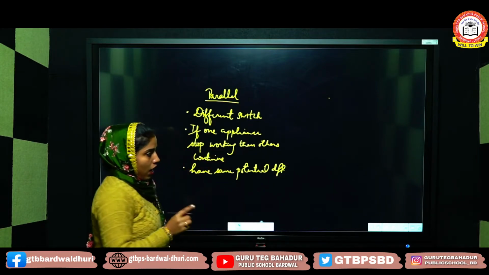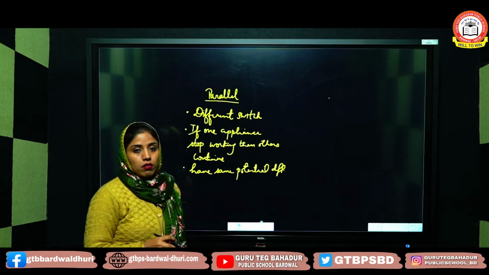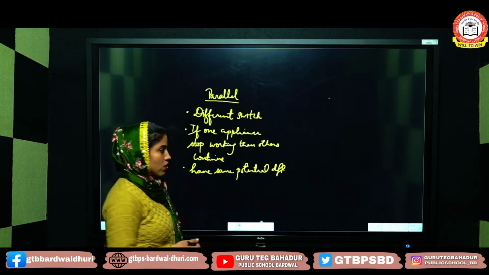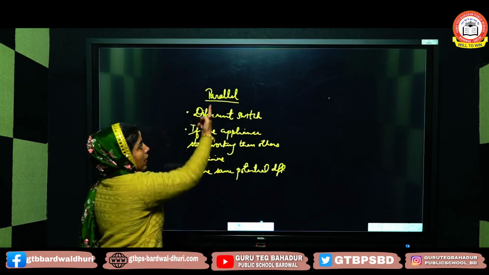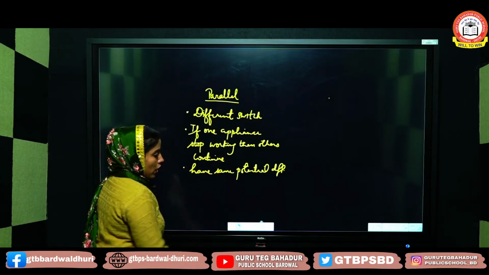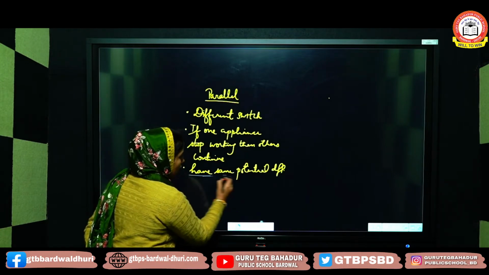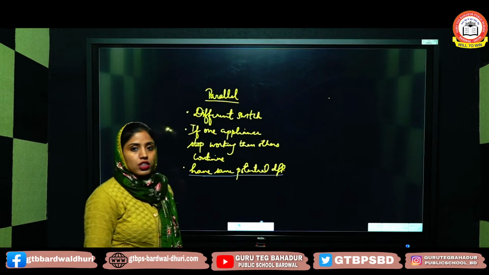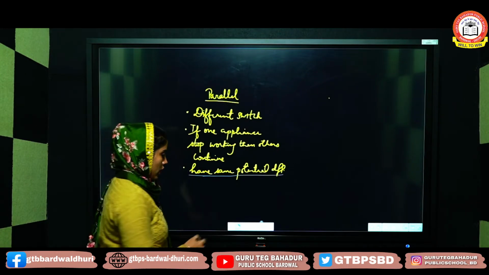We know that at our houses all appliances work at 220 volt, means all are having potential difference of 220 volt across them. So in parallel combination this is also important thing, that all the appliances have same potential difference, and in India all the appliances work at 220 volt.